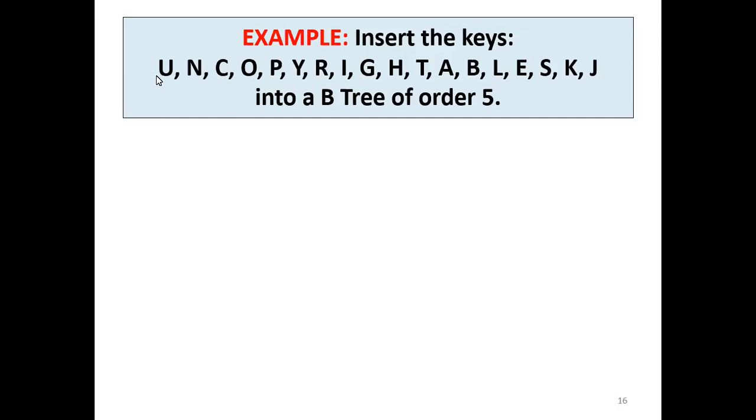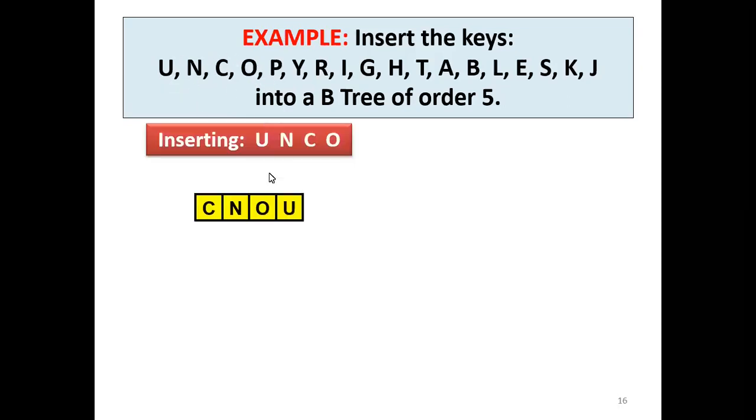So we can have these 4 data items at first: C, N, O, U as our first data items. Then the next data item we are going to add is P. So we add P here.